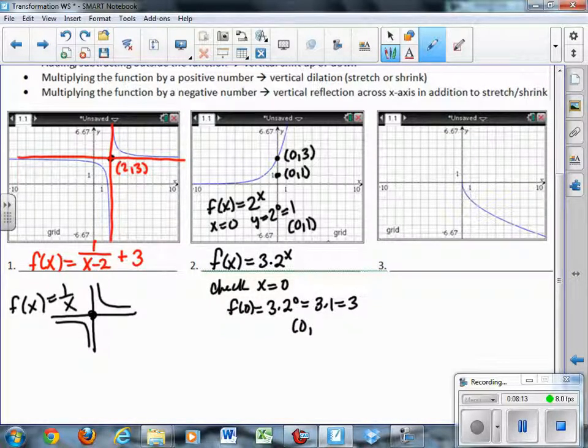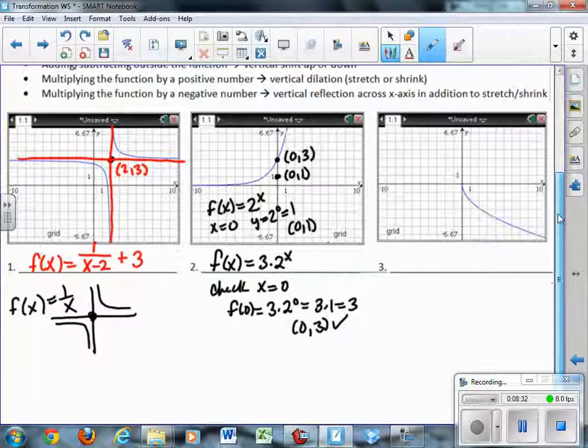So the point (0, 3), check. Looks good. I also expect you to graph these and check the graphs on the calculator. Sometimes it's pretty quick to just check points, but you probably should double check on the calculator as well. Since I know that's the right answer, I'm not going to check that one.